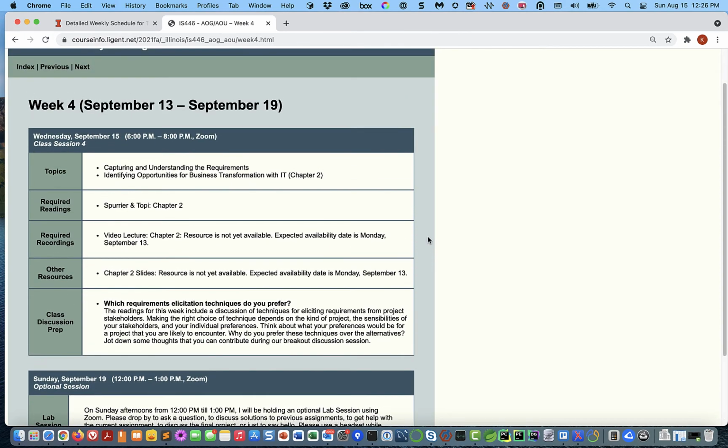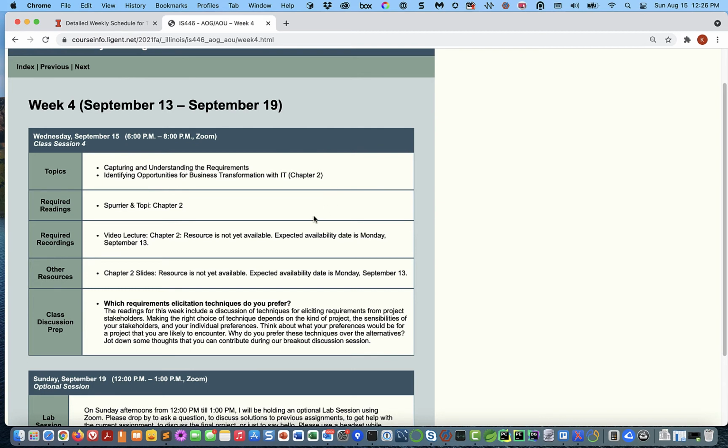Schedule wise, we're going to be spending about half of the semester. I think we meet like 15 times, something like that, because we've got 16 usable weeks, and one of them is a down week.